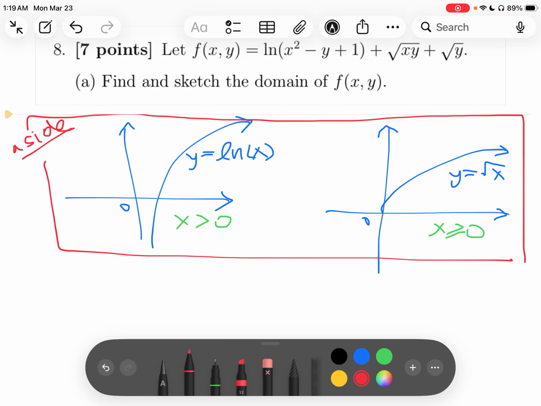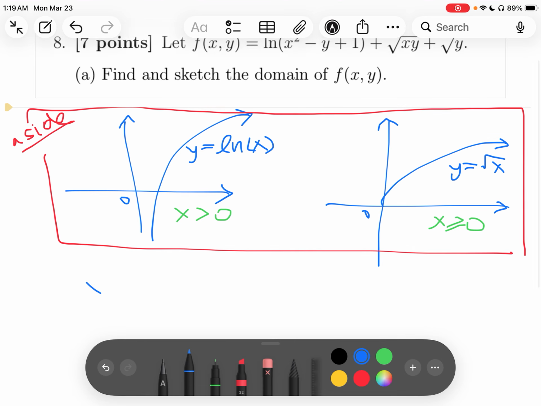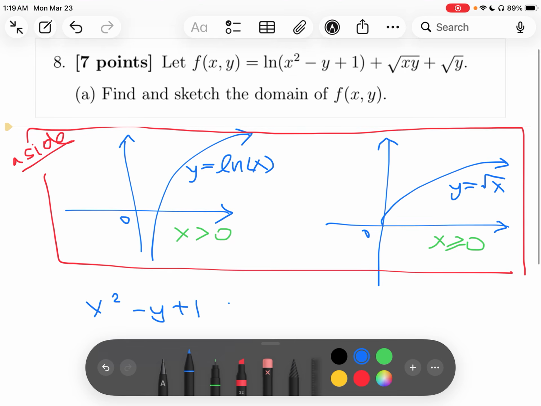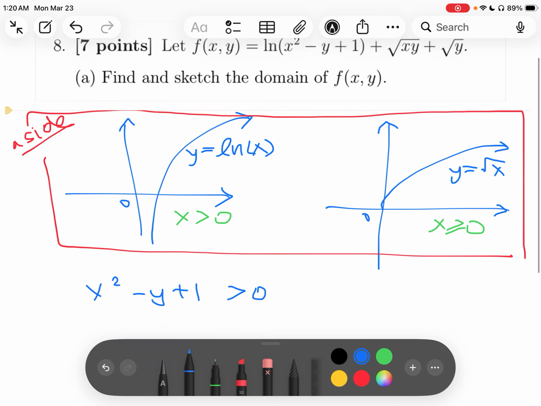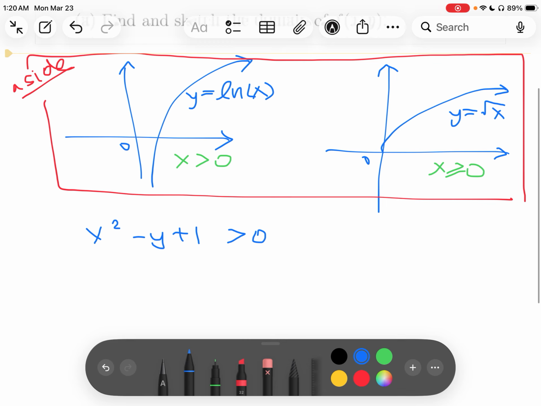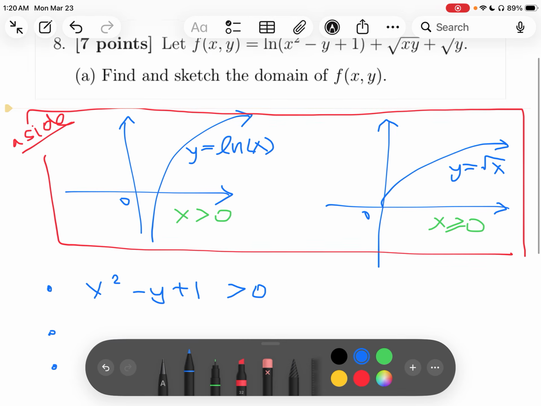For the ln, whatever is inside has to be greater than 0, so x squared minus y plus 1 has to be greater than 0. And everything under the square root must be greater than or equal to 0. So we have 3 conditions that we must satisfy.